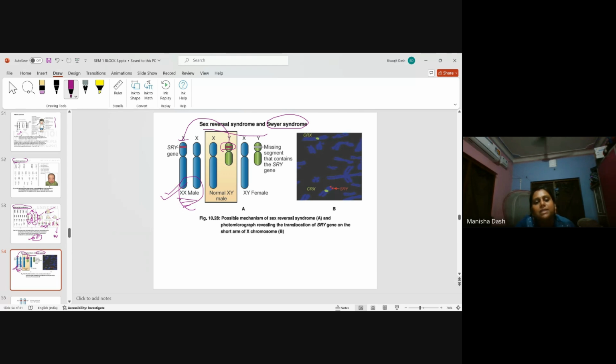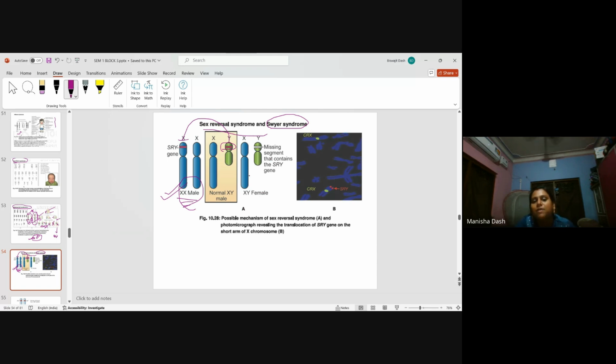Although XX should be regarded as a female, because of the translocation of the SRY region to the X chromosome, it has reversed the sex. That means it has become a male, an XX male. Similarly, if in the male this SRY region is deleted, then what will happen?